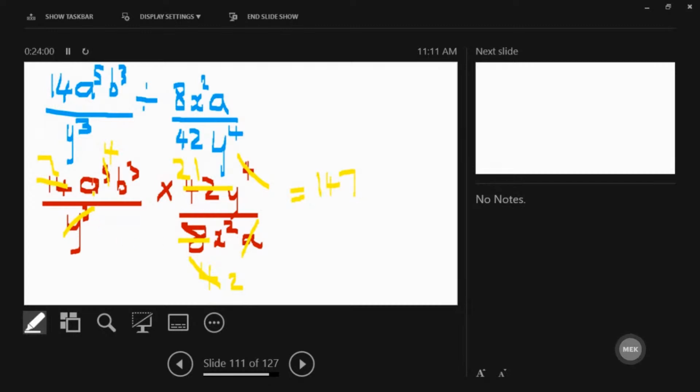And we have a to the fourth power, we have b to the third power, we have y. And at the bottom, we have a 2 and x squared. So 2x squared.